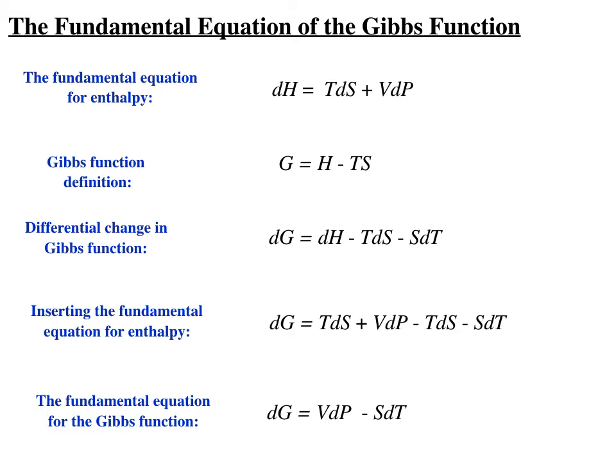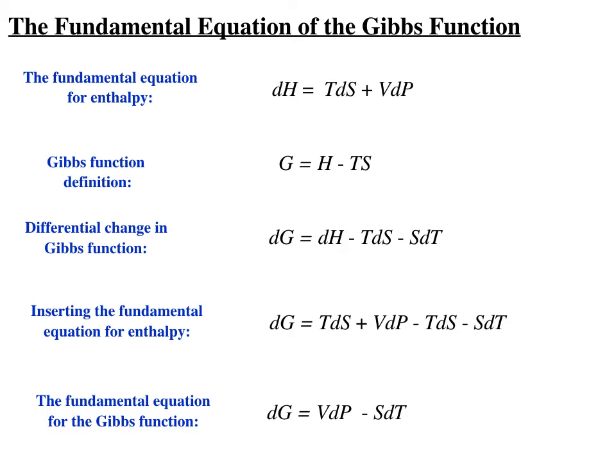Then we will use the definition that G is equal to H minus TS and look at its increment of change from the product rule. dG is equal to dH minus TdS minus SdT. We substitute dH from above into this expression, and we get that the increment of change dG, with the cancellation of the TdS terms, is equal to VdP minus SdT.